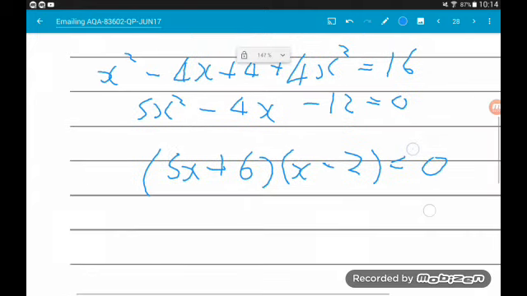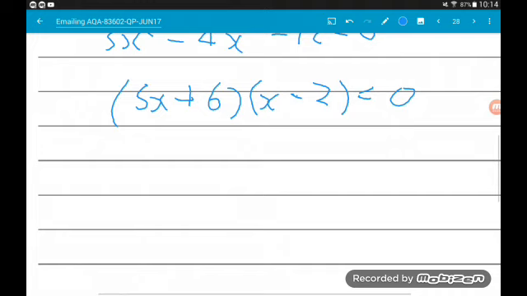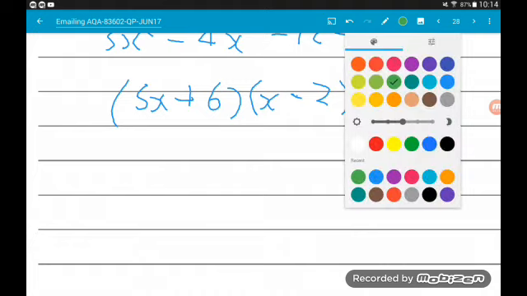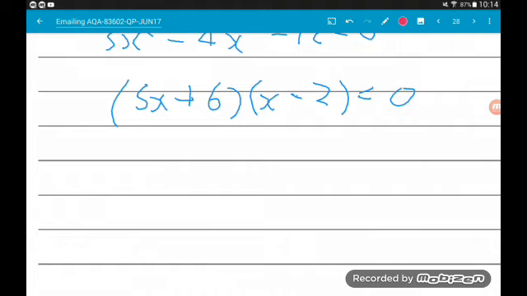So we now want to solve this to get our two x coordinates. Let's change colour. Everything's getting a bit blue. Let's go for red. Okay. So the right hand bracket tells us x is equal to 2. What about this guy on the left though? So we set whatever is inside each bracket equal to 0.